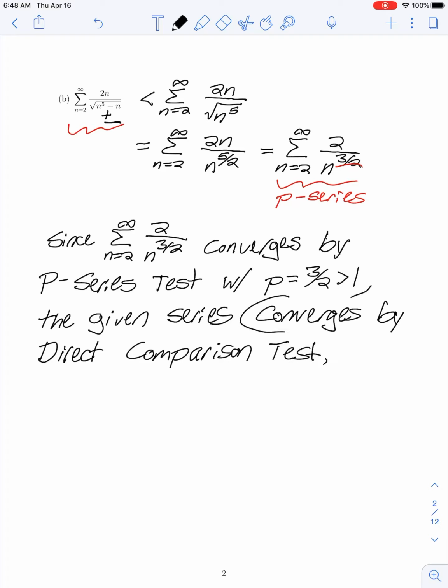So here our solution is that this given series converges by direct comparison with a convergent p-series.